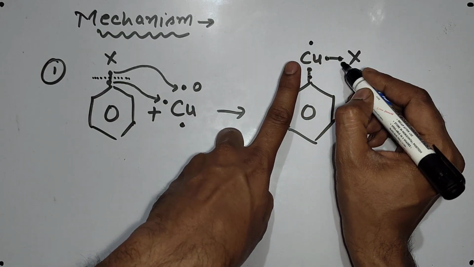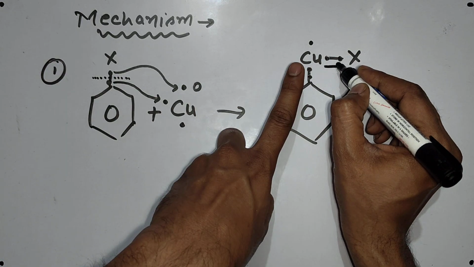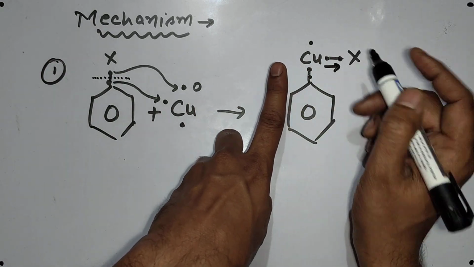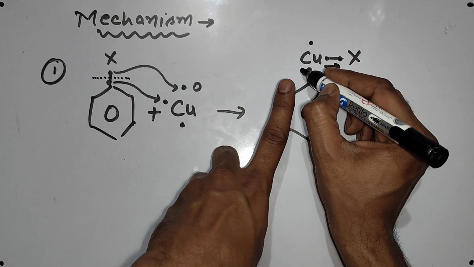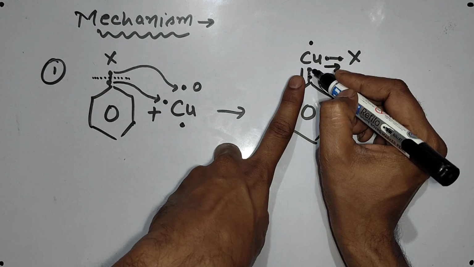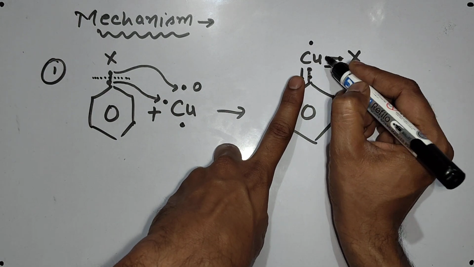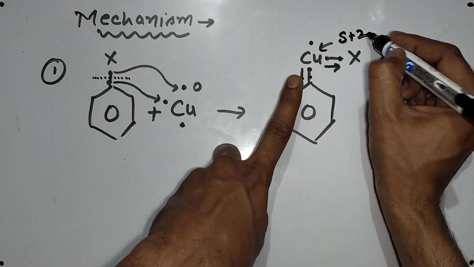X is more electronegative than copper, so electrons will be pulled toward X. Carbon is more electronegative than copper, so electrons will be pulled toward carbon, due to which copper is losing its 2 electrons, so its charge will become partial +2.